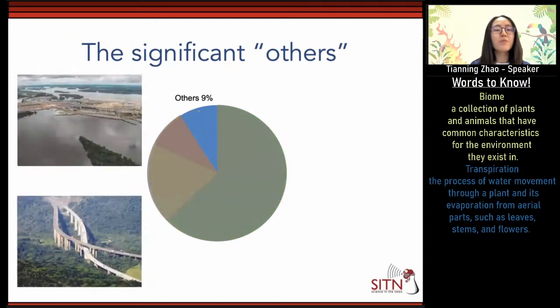So there are various human activities associated with this, and I group them into two parts. One is the hydropower dams and road construction. Those two would cause some direct forest loss through the building process, whether it's the flooding of the forest caused by the dam or just the clearing of the forest to make room for the road.